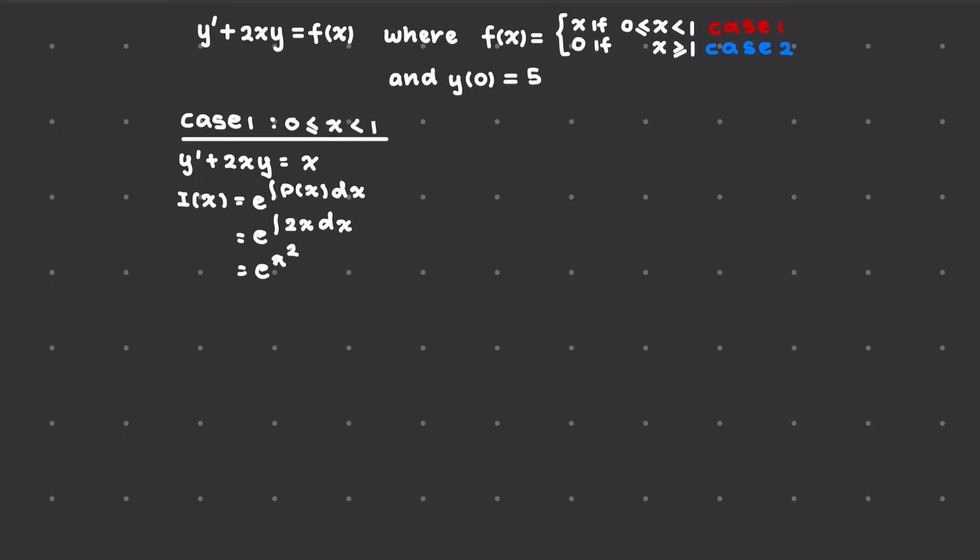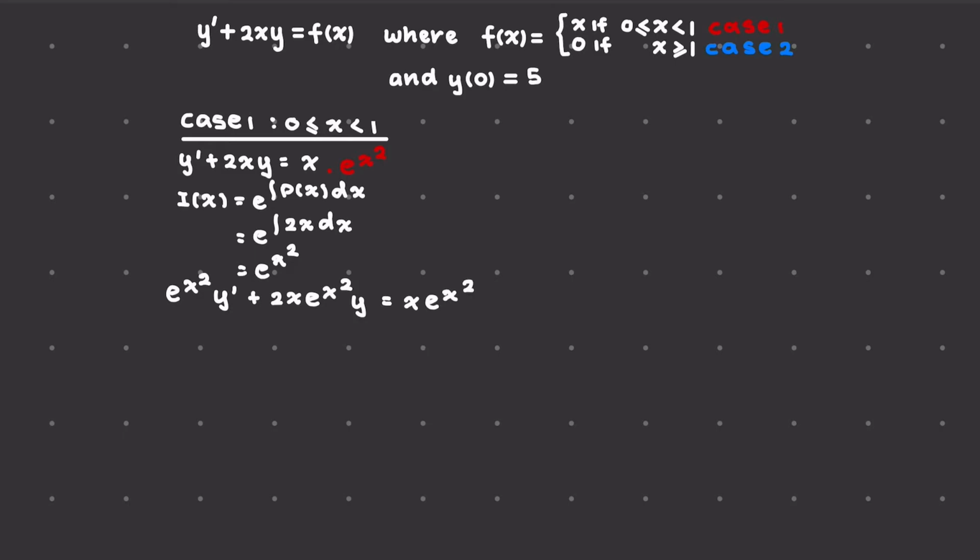Now let's multiply our whole differential equation by e to the x squared. This gives us e to the x squared times y prime plus 2x e to the x squared times y equals x e to the x squared.